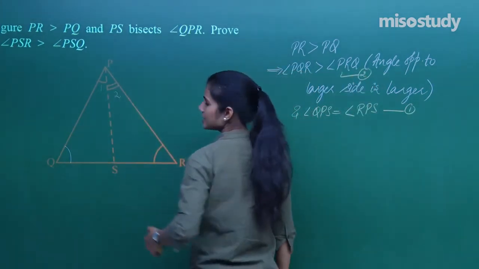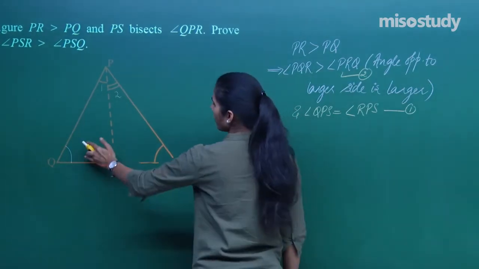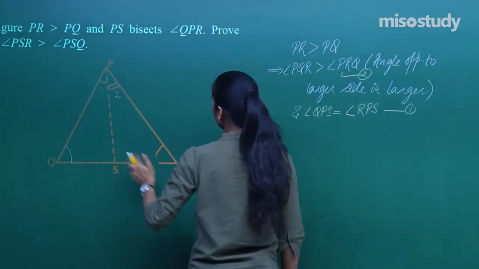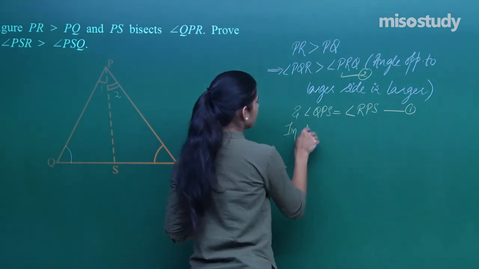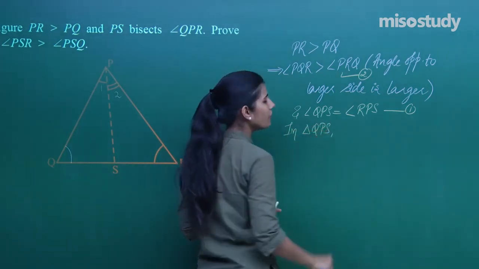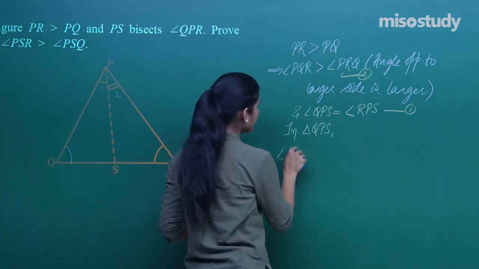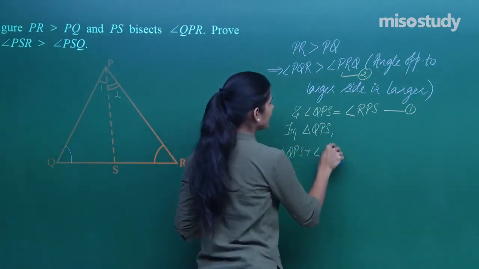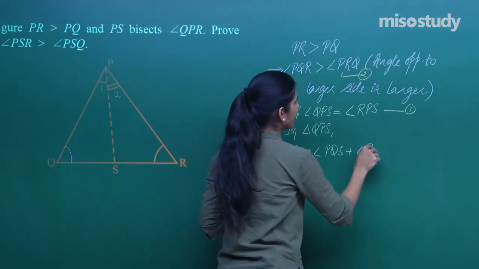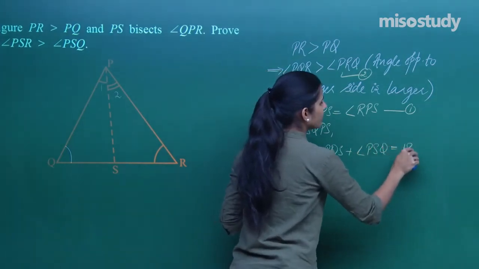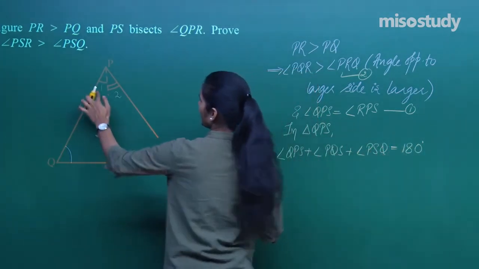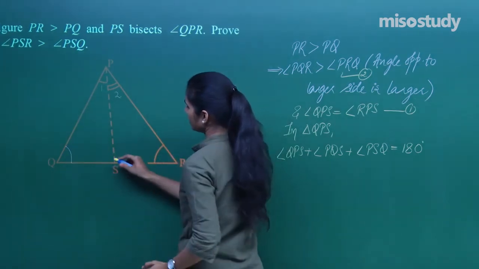Because PS is the bisector. Now focus upon these two triangles, triangle QPS. In triangle QPS, I know by angle sum property, sum of the three angles is 180. So I have angle QPS plus angle PQS plus angle PSQ is 180.